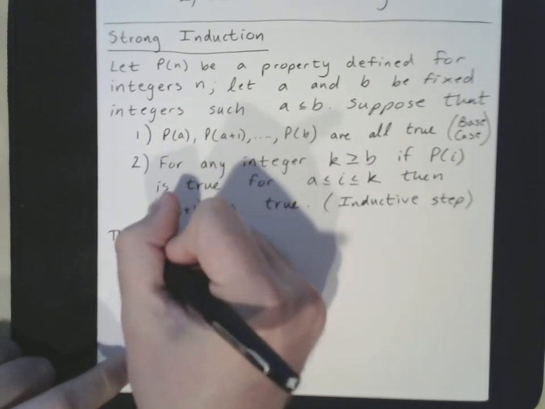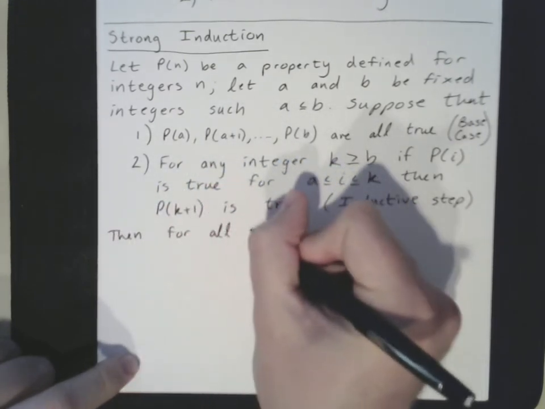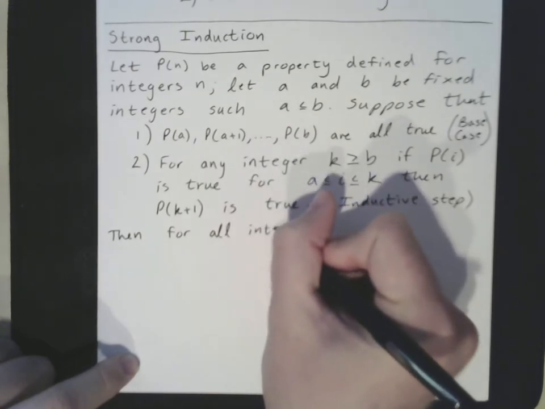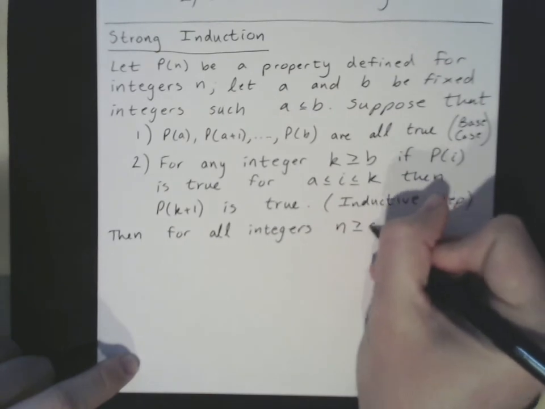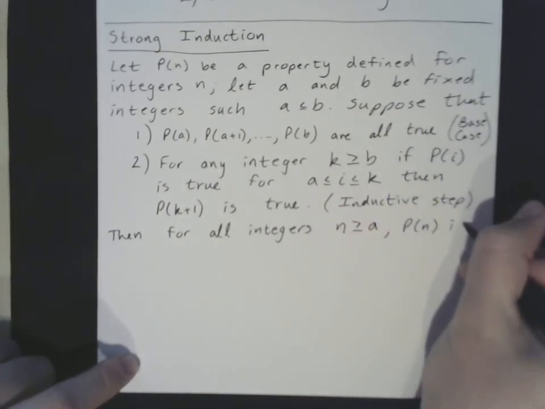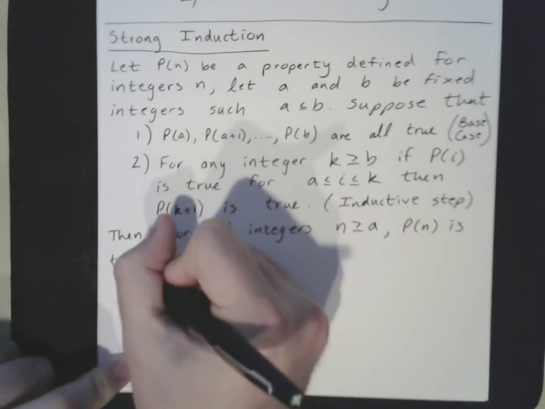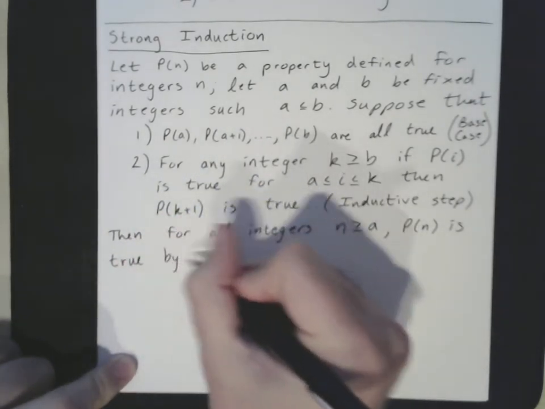Then we can say for all integers n that are greater than or equal to a, P of n is true. And this is by strong induction now.